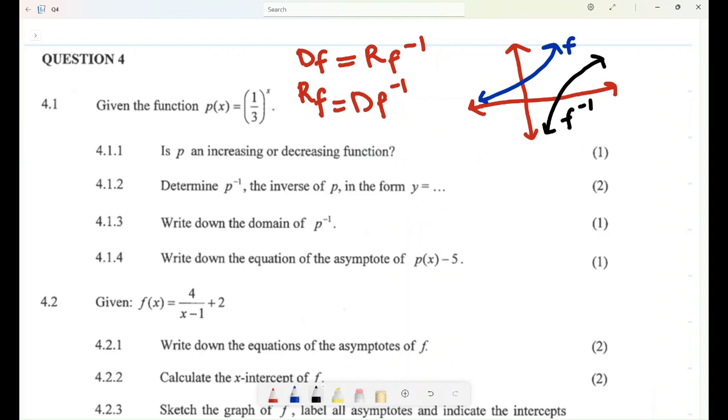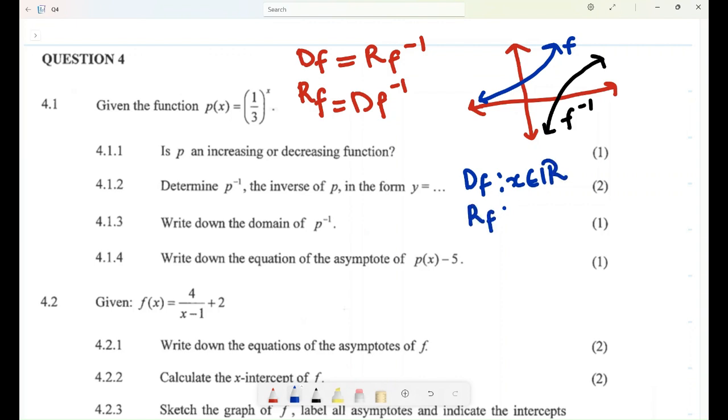Now let's find the domain of f. What is the domain of f? The domain of f is x is an element of real numbers. Why? It's because it is from negative infinity to infinity, right? Then what about the range?